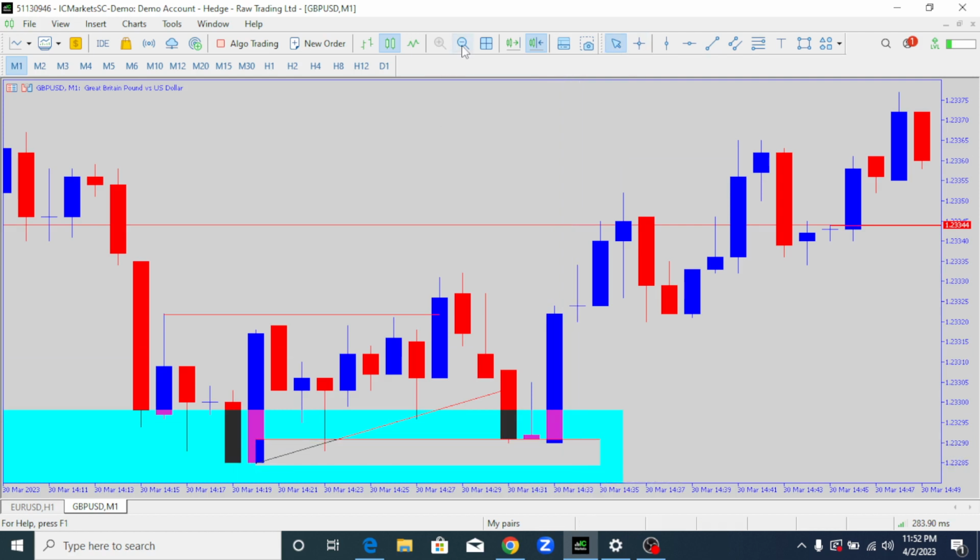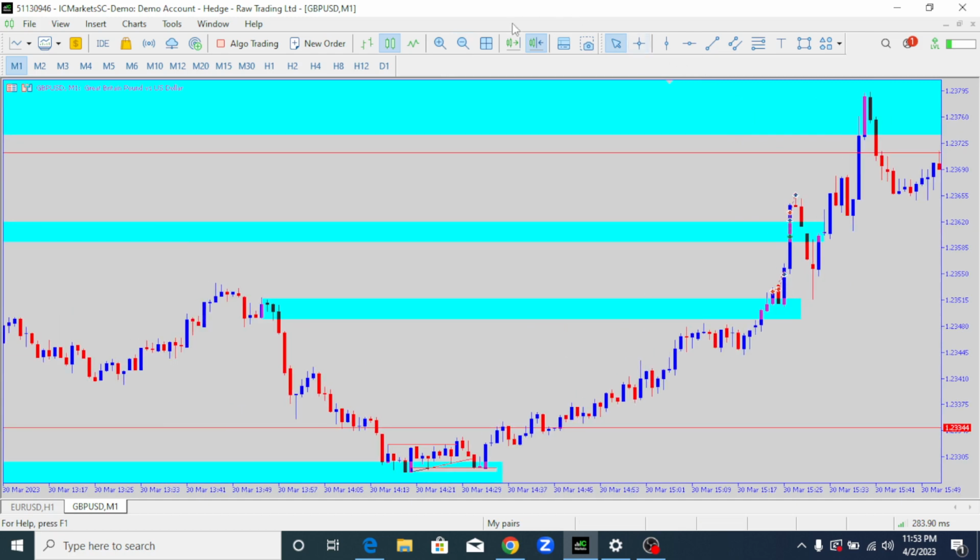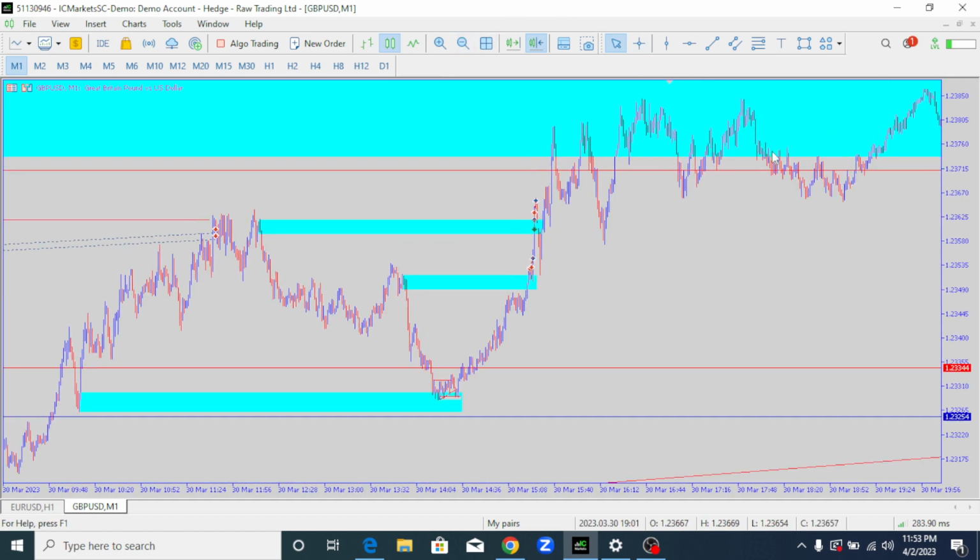It was 1.8, and I targeted this area because that's why I took my sell to the downside. I was expecting to take my sell to the downside, which is a counter trend. You saw how many counter trend trades I lost.